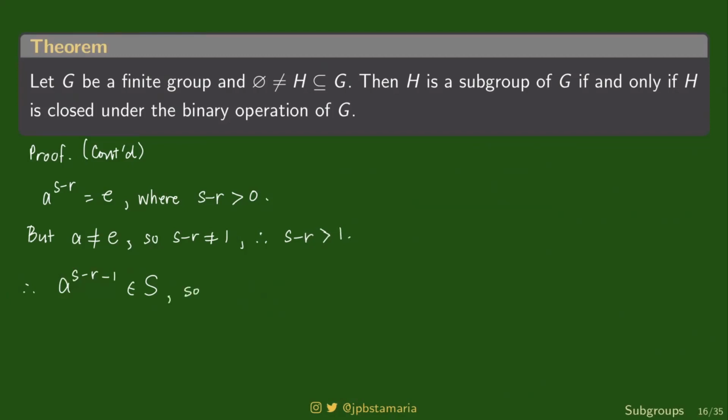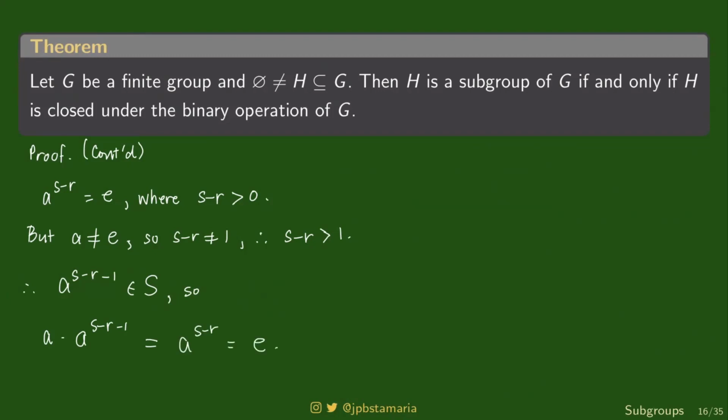So, if I multiply a times a to the s minus r minus 1, what do I get as a product? Toss of exponent, a to the s minus r, which is equal to e.